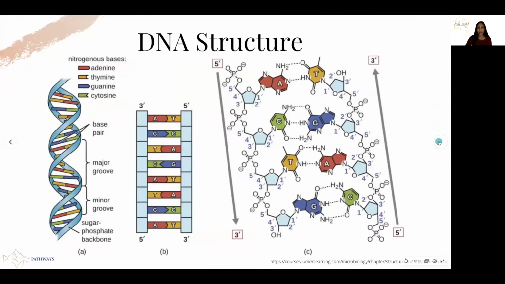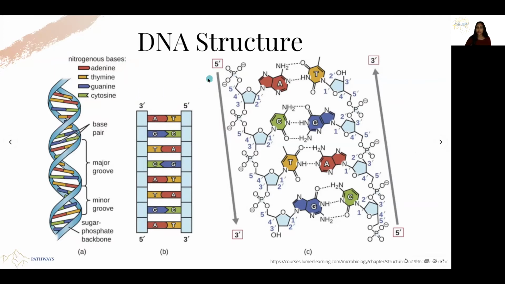Now, really quickly, before we talk about the steps of replication, let's just review DNA structure. There are 4 nitrogenous bases: adenine, thymine, guanine, and cytosine. And these are the 4 bases that are found in the DNA in every single one of your cells. And there's a very specific pairing pattern between the bases.